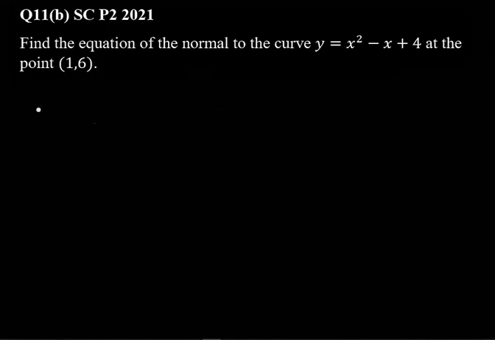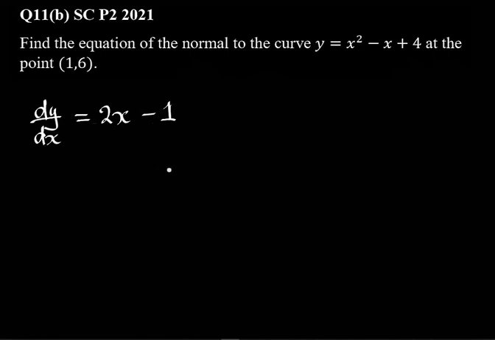The first thing is finding the gradient of the tangent. dy/dx is equal to this here differentiated. Differentiating x squared, we have 2x. Differentiating negative x, we have negative 1. And differentiating the constant there, the 4, we have 0. So this is our gradient function.